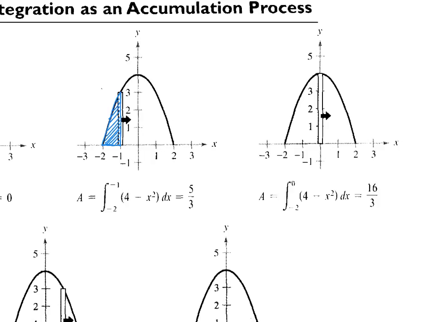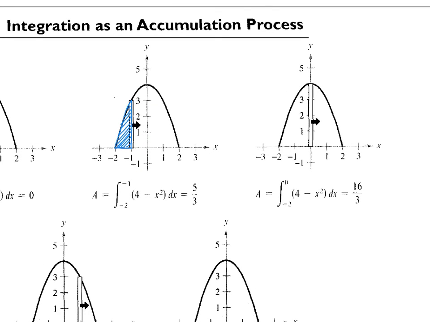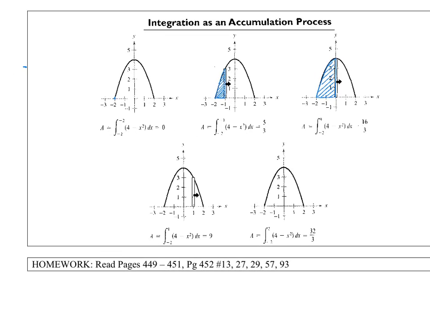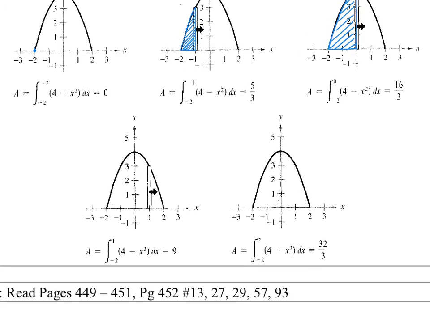It's not a straight line, so the right triangle trick doesn't work. This is kind of intuitive if you think about it: the further you go, the bigger your area is going to get. 5/3, then 16/3. If we go from -2 over to 1, we're accumulating even more area, so now we're up to 9.